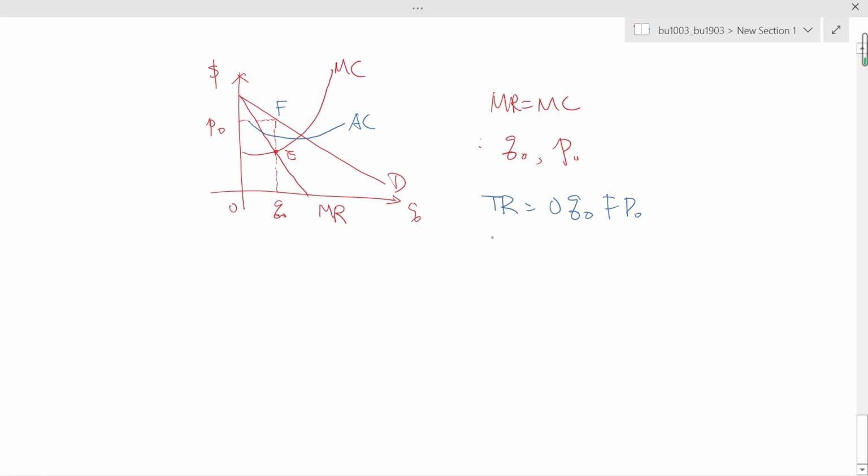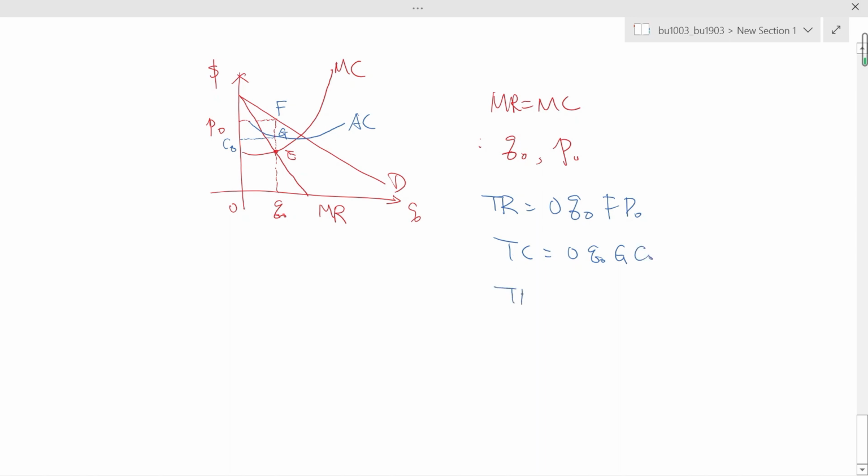The total cost: go from the quantity up to the average cost curve, find the average cost, let's call it C0. So it's the area of O Q0, and let me call this point G, G C0.